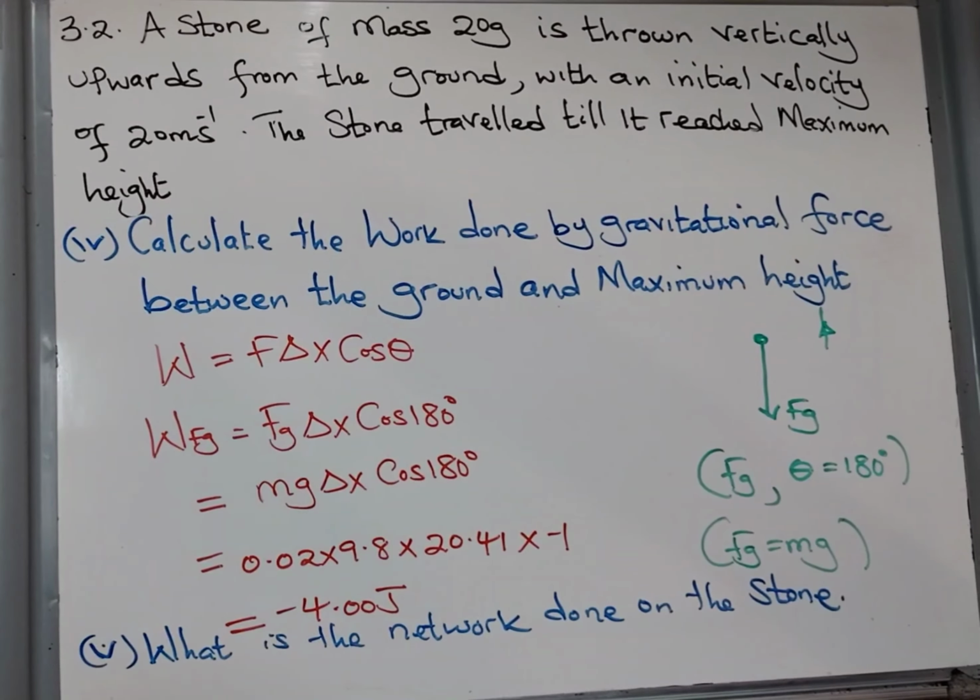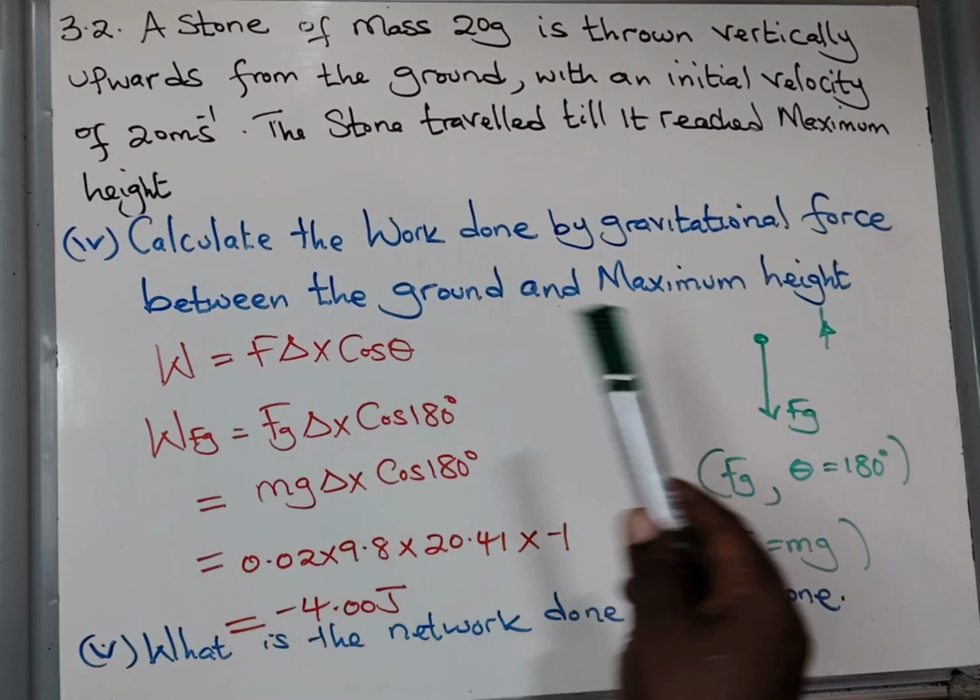Yeah, so comes this question. It says that what is the net work done on the stone? Now I need to tell you that in a situation where you have only one force acting, the work done by that force is the net work done on the object.